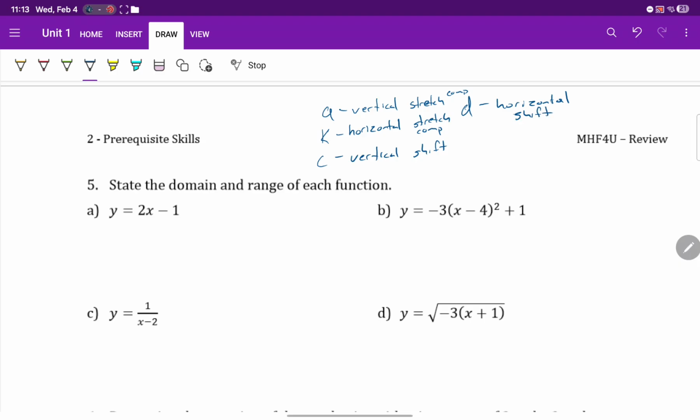And then knowing also what the basic function looks like.